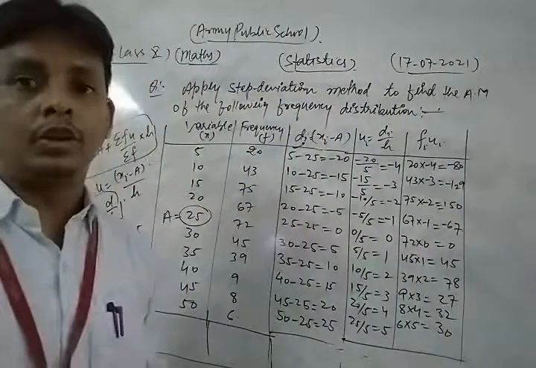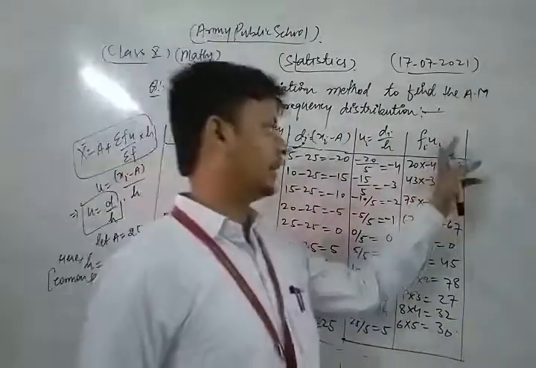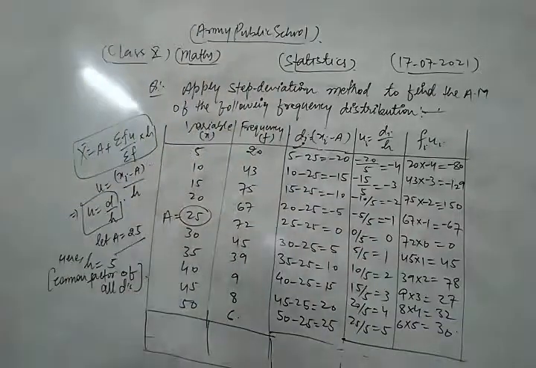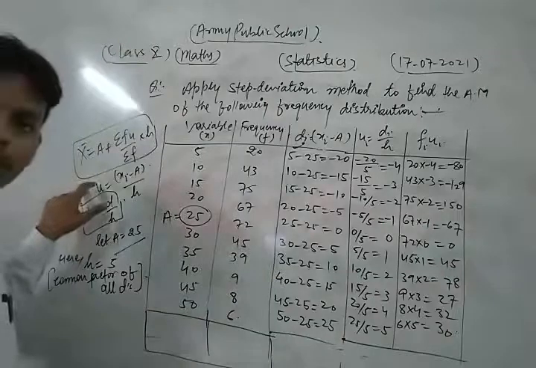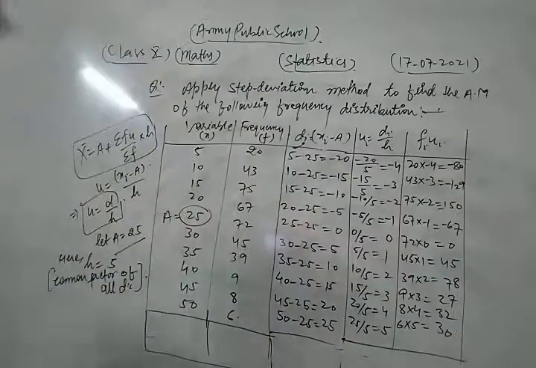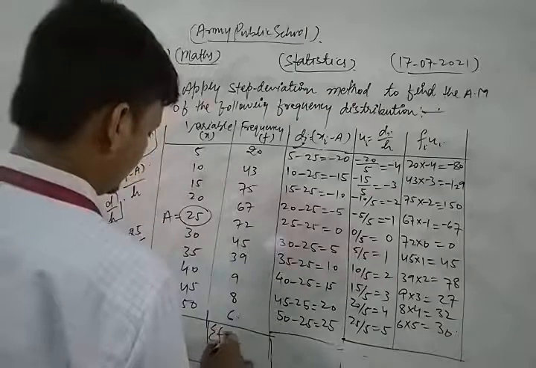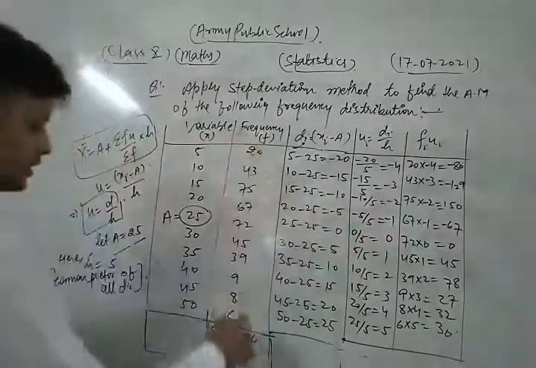Now we just find the value of sigma f as well as sigma fi into ui, because we use all these values in that formula. So sigma f is 384, after adding all these terms.